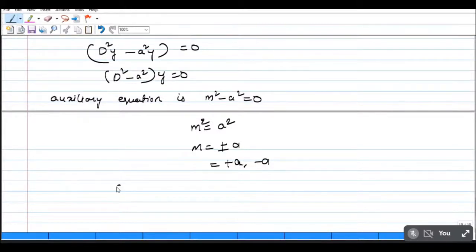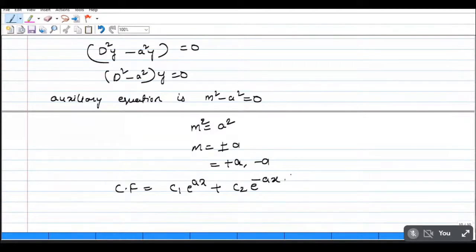Then what is the complementary function? It is C1 into e power ax plus C2 into e power minus ax.